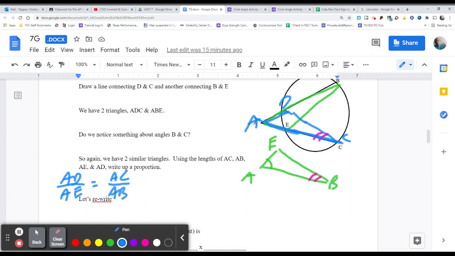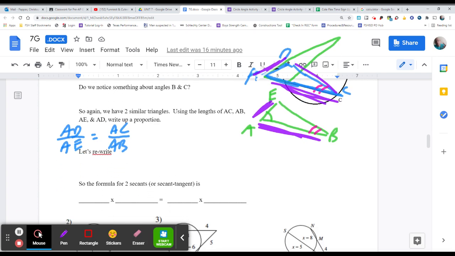All right, again, proportion just like we had before, okay? So in summary, AD to AE, and then AC to AB. Okay, simple.